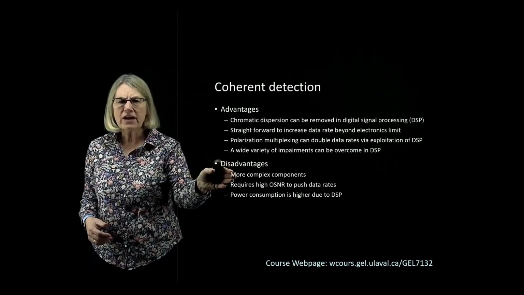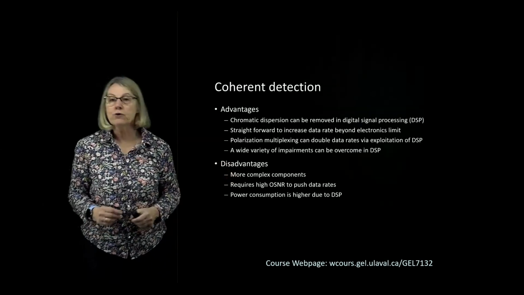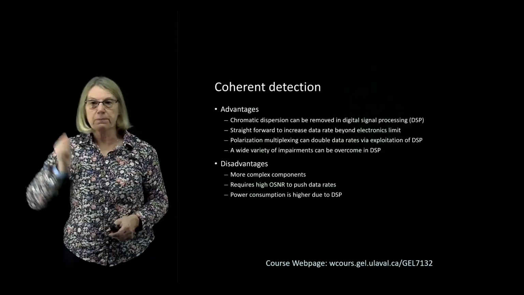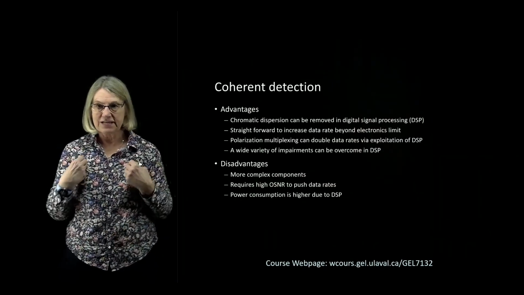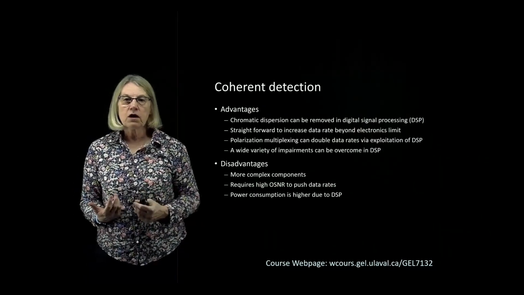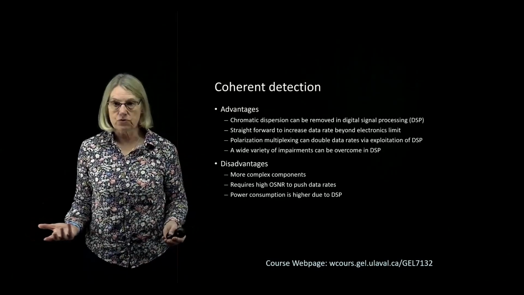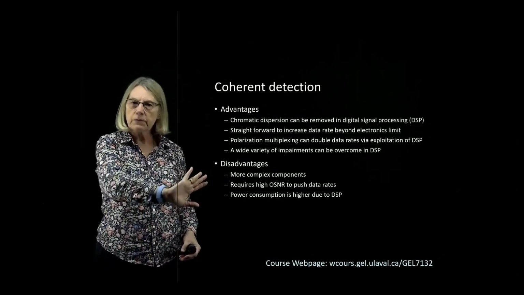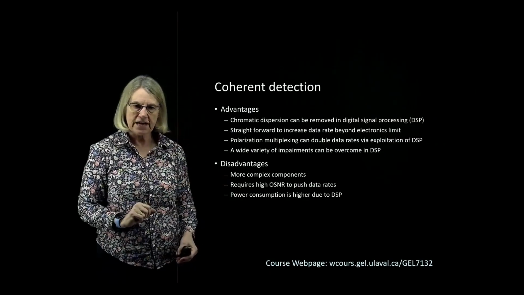It also just in general requires more complex components. I'm no longer able to use a directly modulated laser and just flip it on and flip it off in order to send data. It also requires a more complex receiver structure. It's not just a simple photodetector.